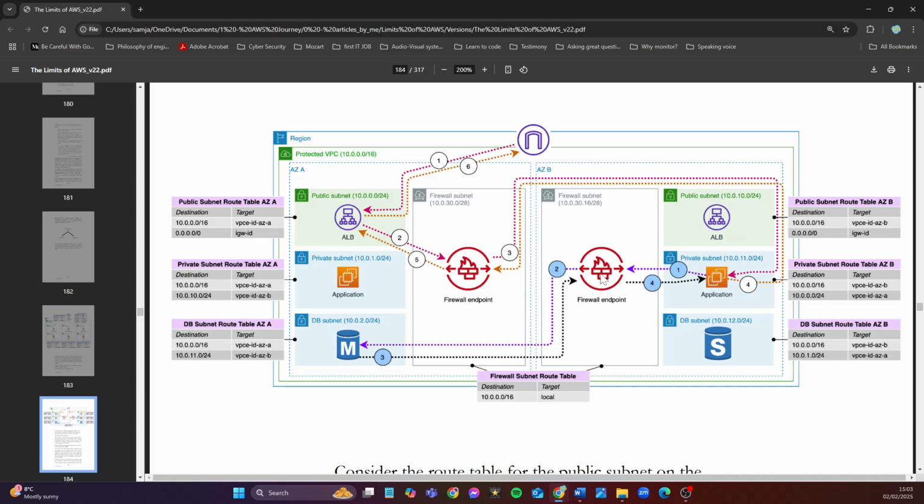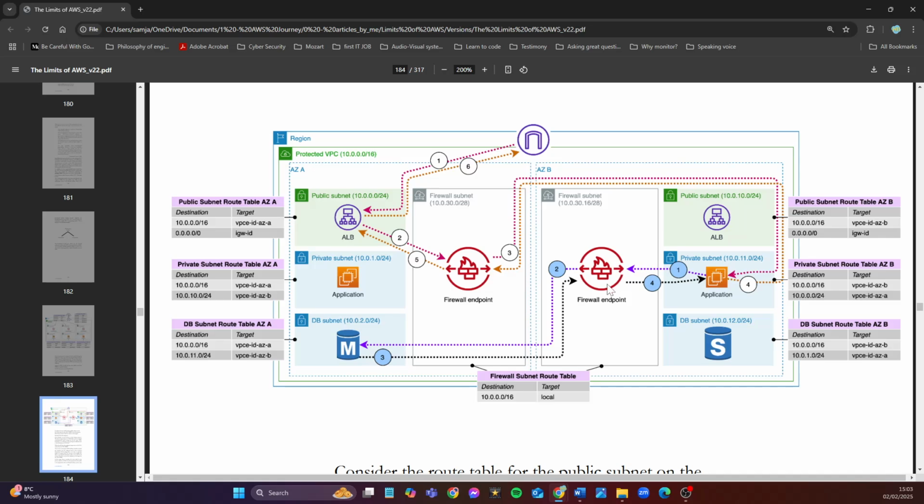Now, of course, once we leave the firewall endpoint, once it has undergone its inspection, we can go and use the database in another availability zone, and we do. We have the traffic go to this DB subnet, database subnet, which is in availability zone A. Then we go back to use the firewall endpoint in availability zone B.